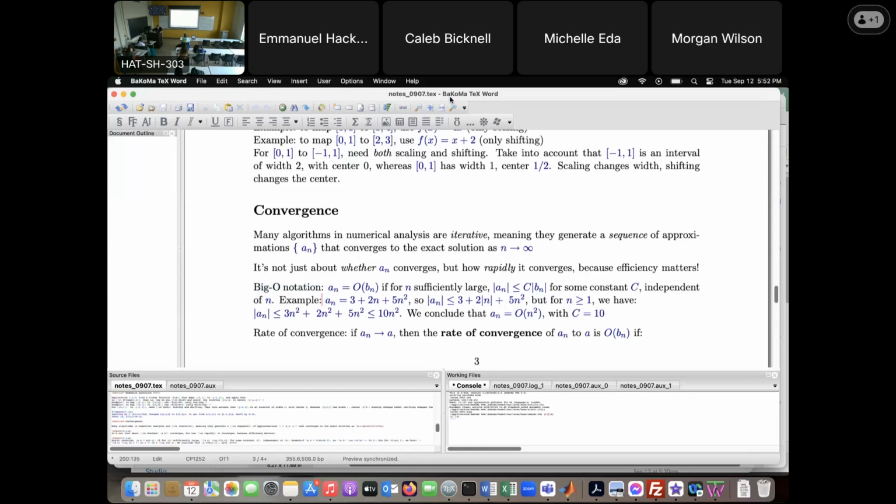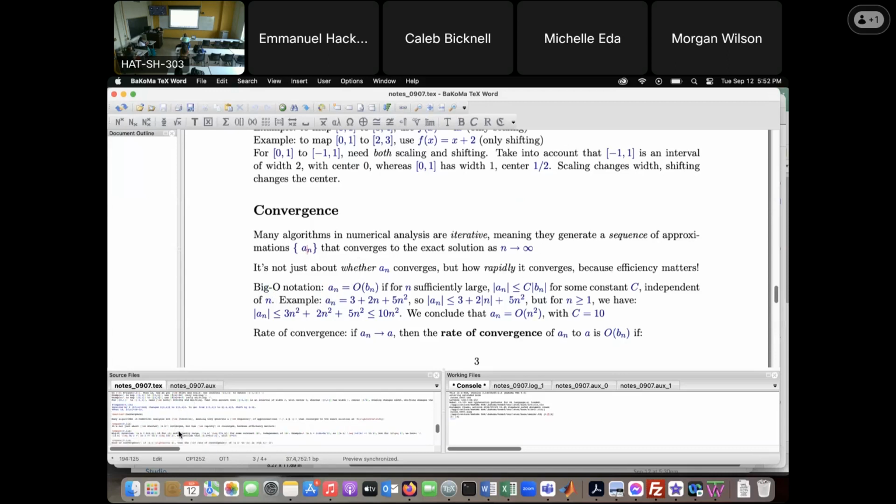So what is big O notation? At first we're going to look at sequences. So we have some sequence a sub n that converges to some limit as n goes to infinity.